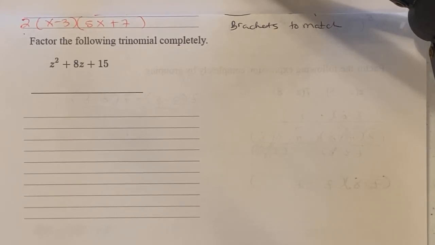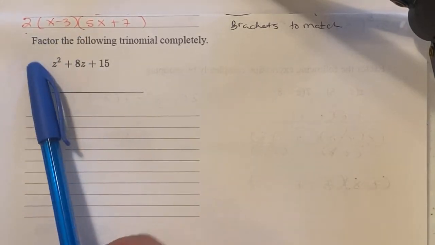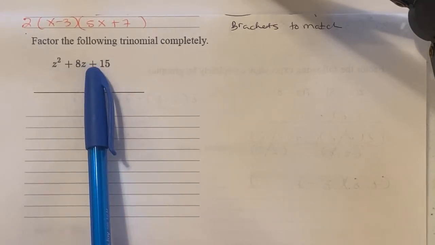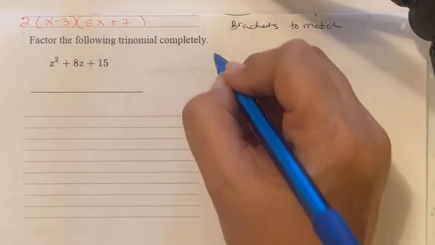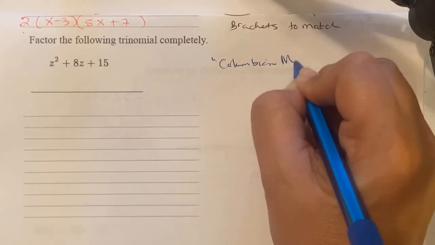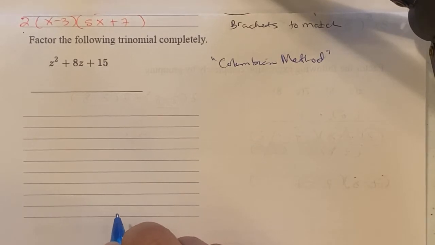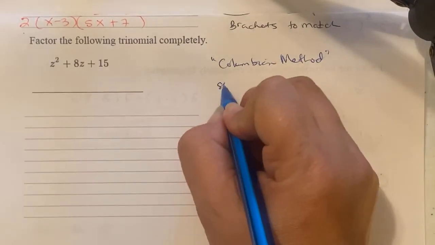In this problem, it's a trinomial. First thing I notice is a power 2 at the beginning, which is what we want. Normally we have coefficients in front, which makes it easier. So here's how the Colombian method, which is also known as your square root method, happens.